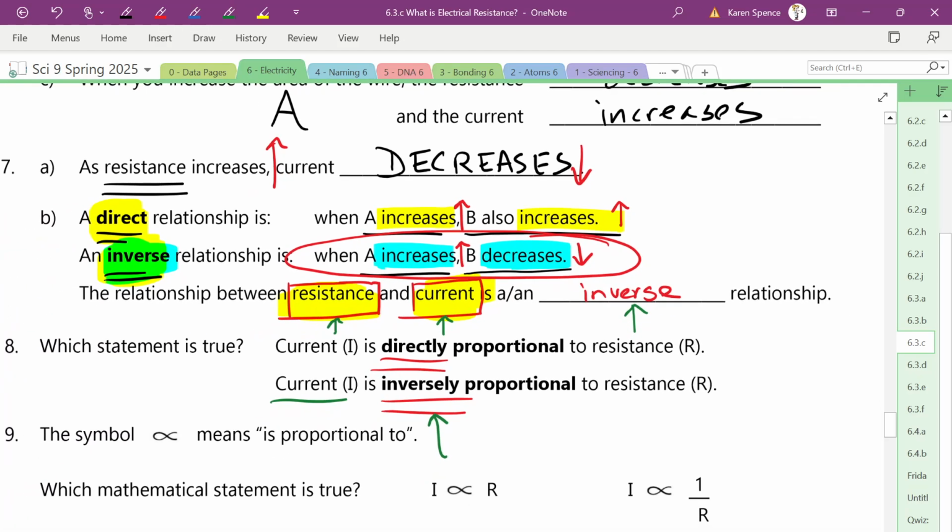If you're planning on taking physics at all, this conceptual way of looking at things, just saying as this one goes up, this one goes down, what does this little proportional symbol mean? It becomes useful. If you don't get it this year, that's okay. It will help to have seen it before. So don't feel like, oh my gosh, I'm too stupid, I don't get this.